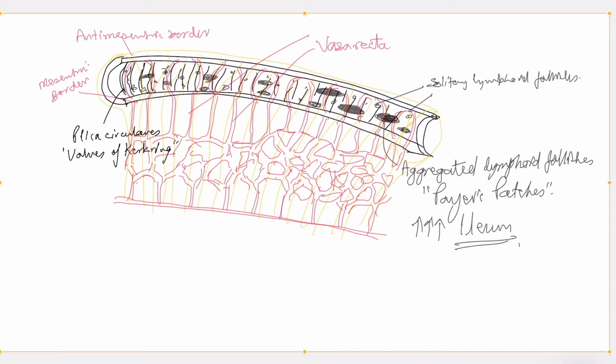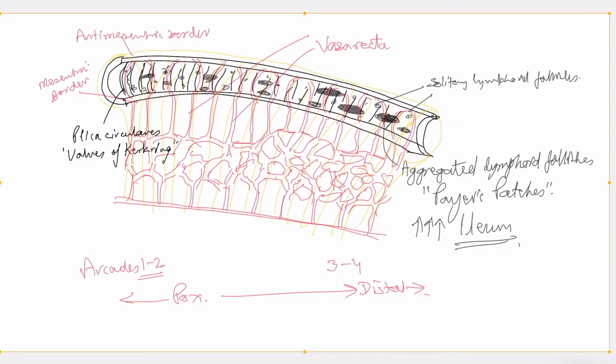Now, let's say this is the proximal portion of the intestine and this is the distal portion. What you're seeing here is that the arcades are only one to two levels, but here the arcades are three to four levels, meaning you have more arcade formation in the distal portion of the small intestine.